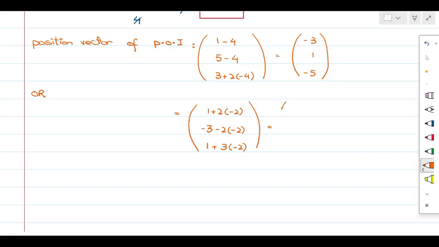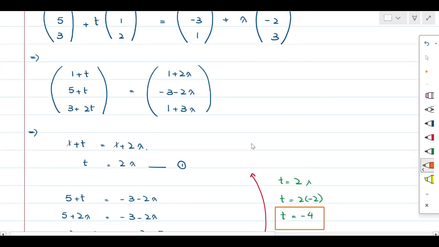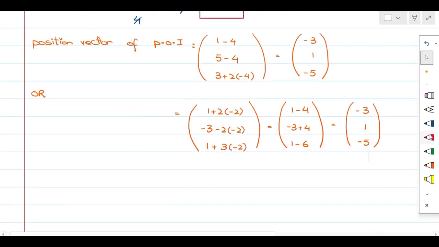Let me check on this. 1 minus 4, minus 3 and plus 4, 1 minus 6, and you will get the same, minus 3, 1, minus 5. So you have the same vector equation of the point of intersection, whether you substitute over here or over here, right? So this is basically the vector equation for the point of intersection.